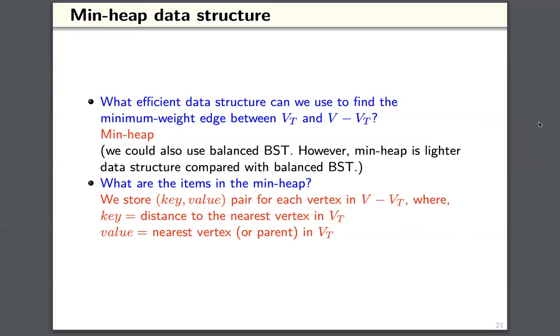And among all these edges, you pick the edge with the smallest edge weight, minimum edge weight. So what data structure will help you to do this? You have a dynamic list, right? I mean, dynamic set, and you always want the minimum. You can use a min heap, right? That's what we will do.